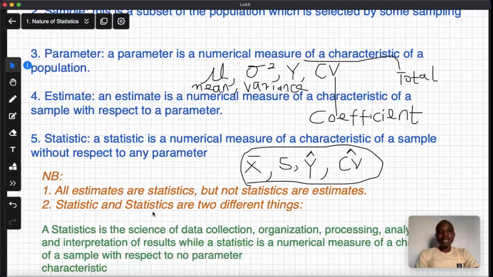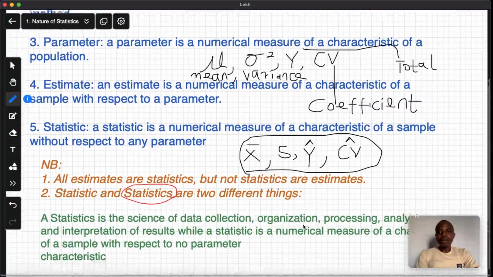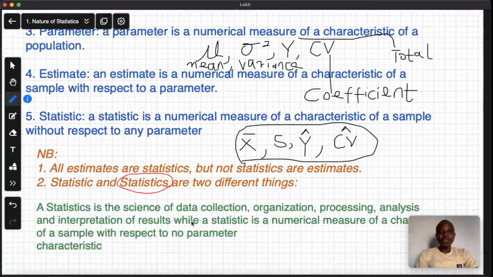Whereas Statistics, in capital letter, is the science of data collection, organization, processing, analysis, and interpretation of results. This one always has a capital letter, but the other does not, except maybe when it starts a sentence.